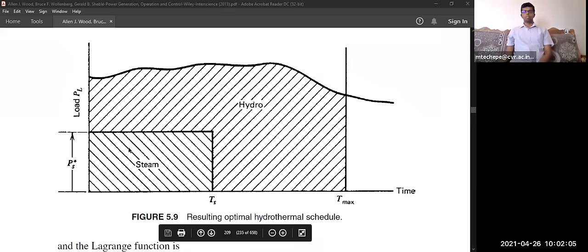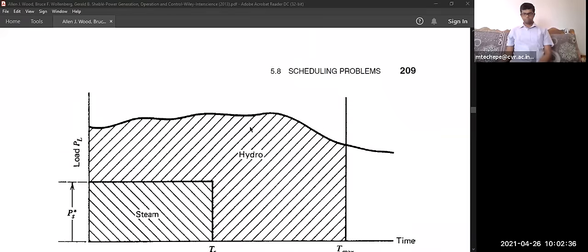Our ultimate aim is to reduce the cost of the power generation. If we reduce the power generation from the steam power plant, automatically the total amount we spend will be reduced. So here only steam and hydro are taken, and the maximum power generation happens by the hydro power plant alone.